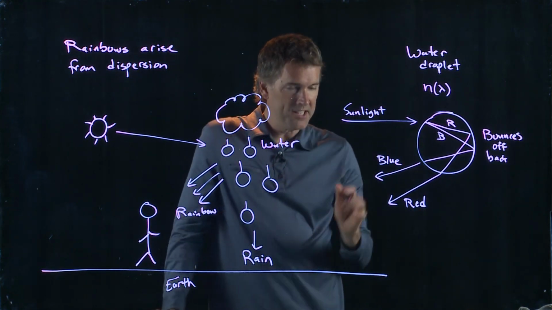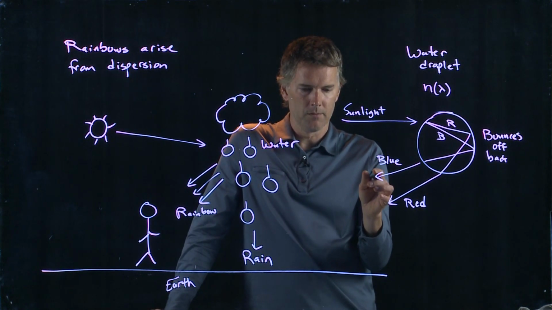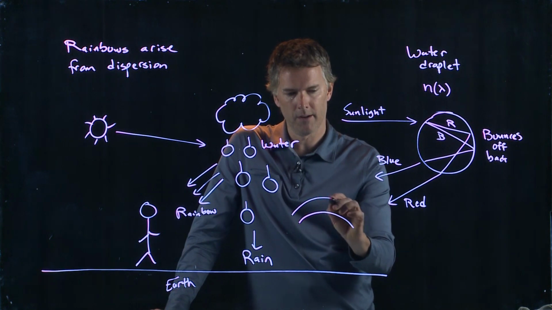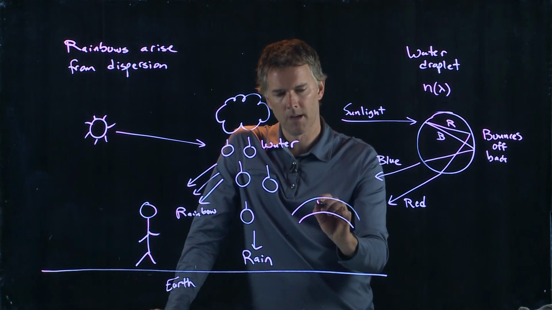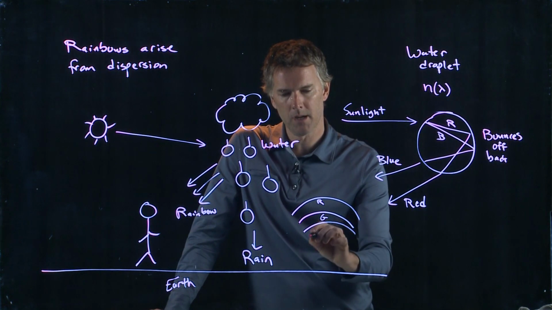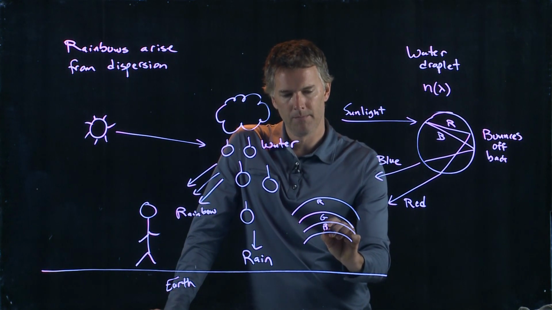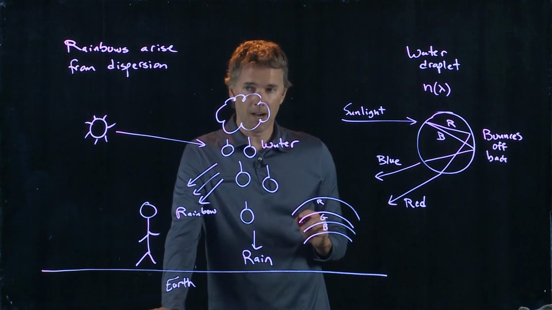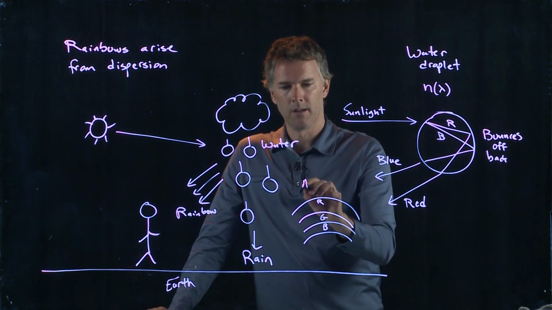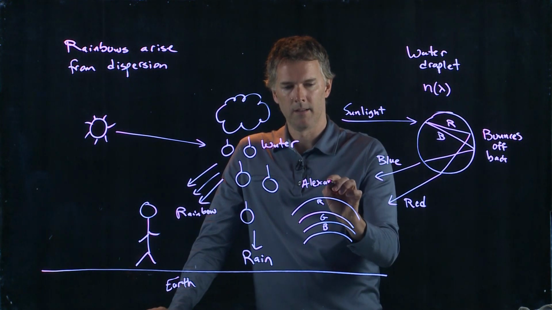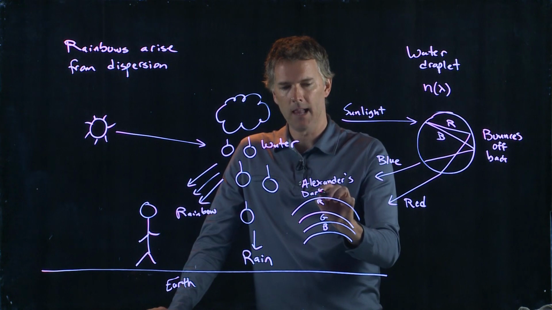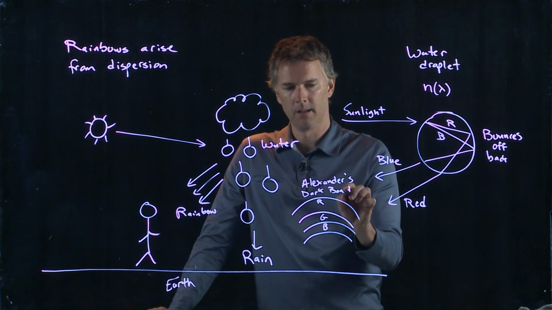But if you see a double rainbow, which is really cool, right? Anybody seen a double rainbow other than in that video? Okay. Single rainbow will be red, and then green, and then blue. But in a double rainbow, there is a dark band, and that dark band in between them is actually called Alexander's dark band.